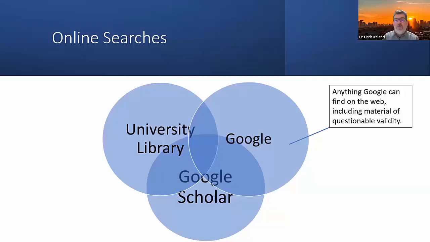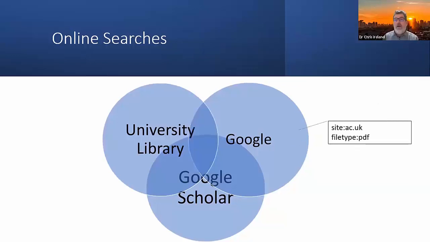So the two that I want to focus on here are Cite, where you could put, for example, ac.uk, and that would limit your search to UK academic sources. And then if you also put file type PDF, that means you won't get lots of PowerPoint. So you're less likely to get lots of lectures. You're more likely to get academic articles.